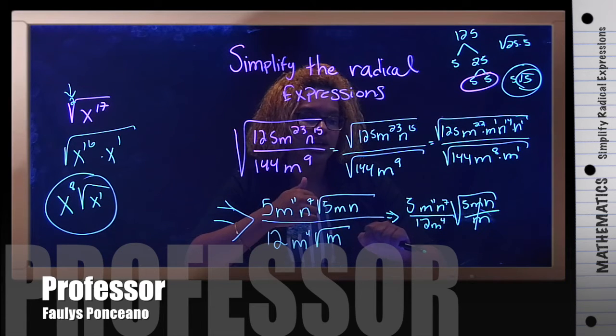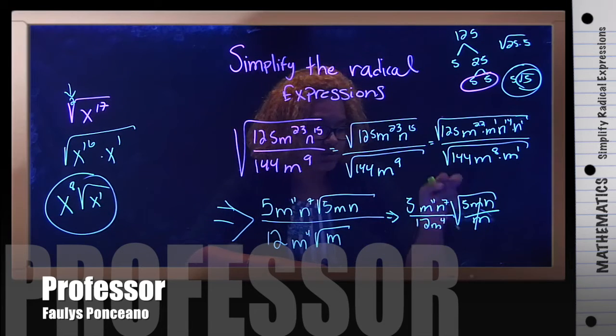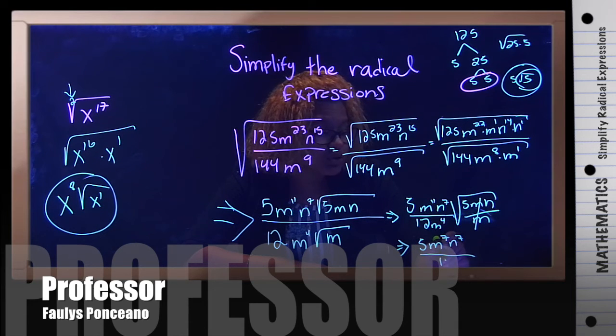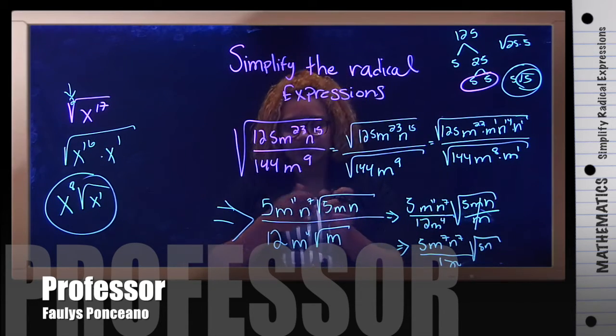No, it's 7. My bad, 7. So I'm going to rewrite it, running out of space, as 5 m to the 7 n to the 7 over 12 square root of 5n. Okay, so a lot of steps.